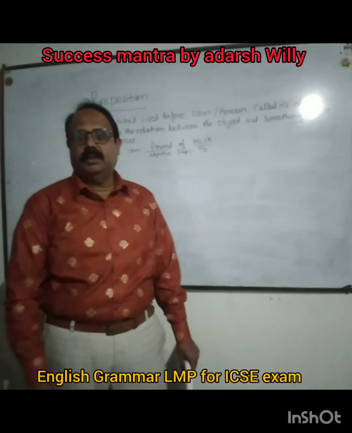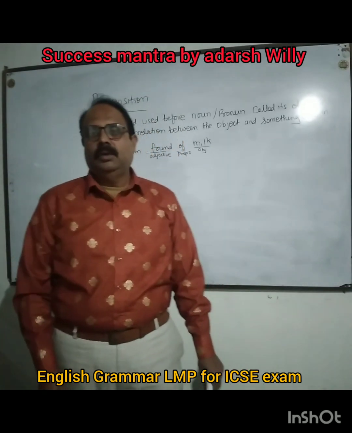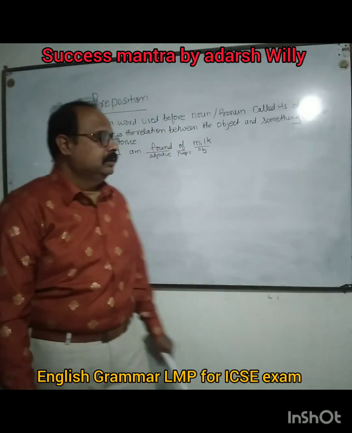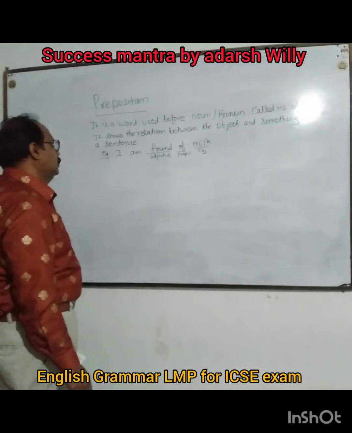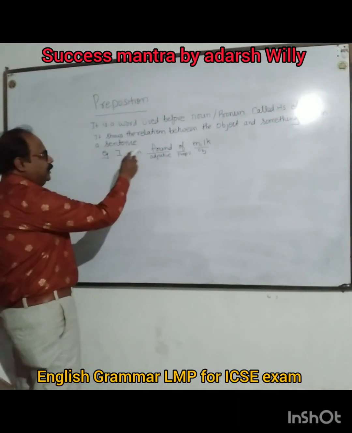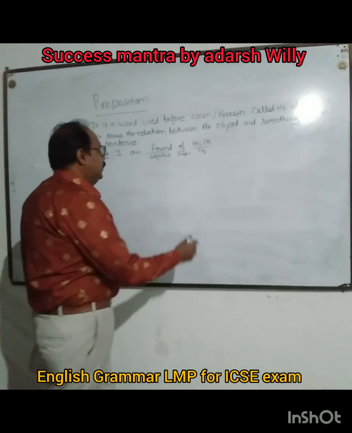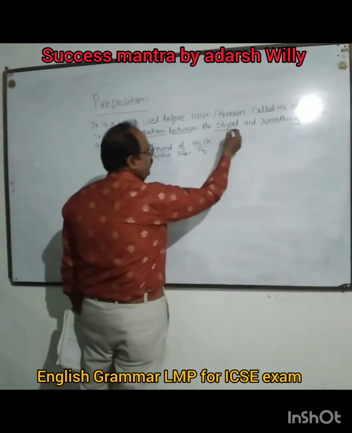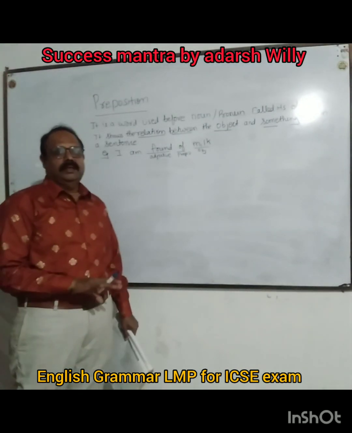It is a word used before a noun or a pronoun, which is called its object, and it shows the relationship between the object and something else in the sentence. That is known as a preposition.